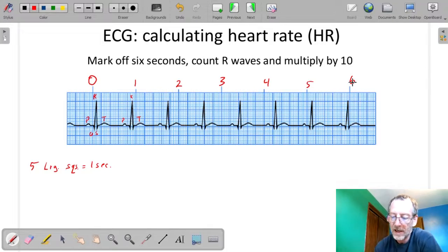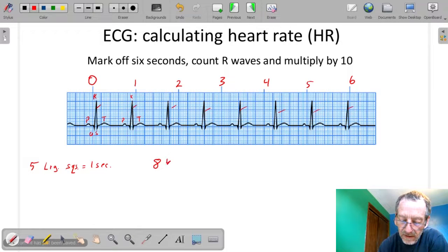Done. Count out how many beats are in that 6 seconds. Well, there's 1, 2, 3, 4, 5, 6, 7, 8. So we have 8 beats in how much time? 6 seconds.